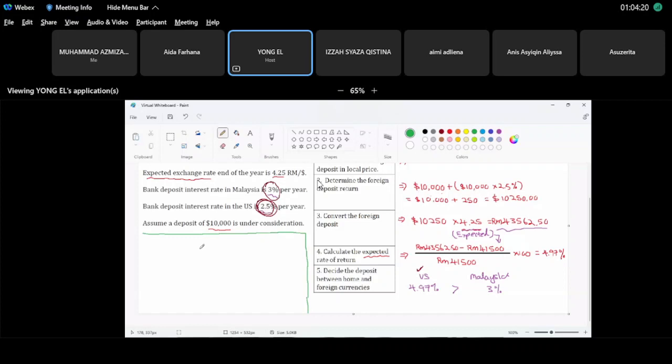Please prepare your oral presentation, and you also need to submit the hard copy and soft copy of the mini project. The soft copy you can submit online through Smart 3 UMS. The hard copy you can submit on the day of your oral presentation, either before or after it, to me.